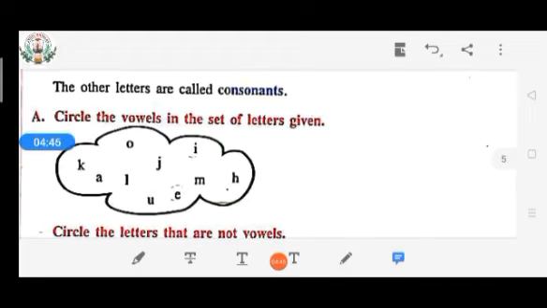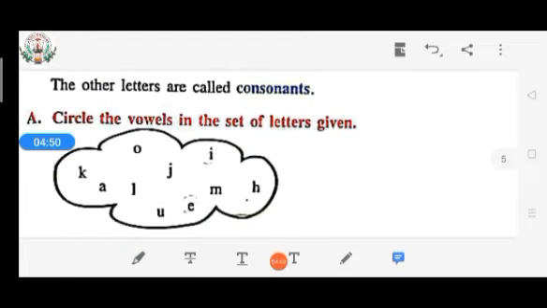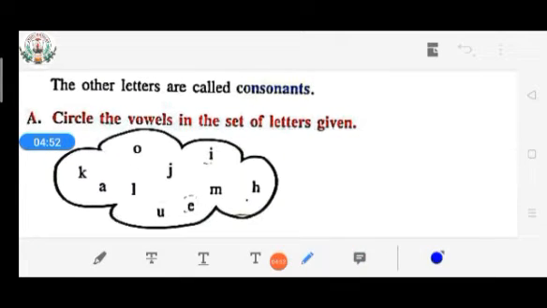Children, look at the first question carefully. Circle the vowel in the set of letters given. Children, you have to circle the vowels.